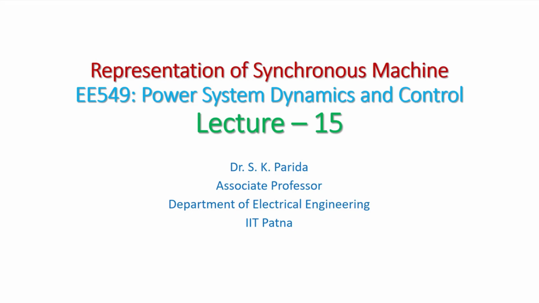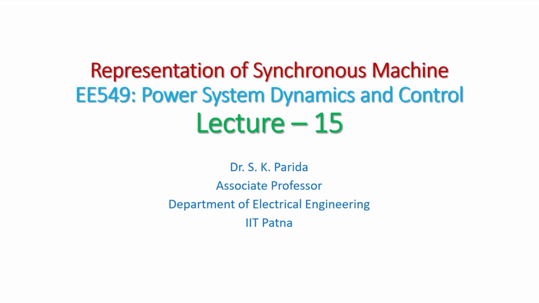Now the question is, in order to do the analysis, we must know the terminal conditions of the synchronous machine. Through that we can find the interaction of the machine with the network and with other machines, right?